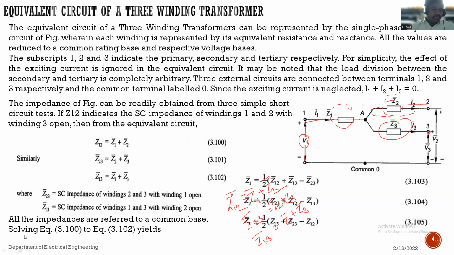Okay, see, solving the above equations 1 and 2, that means 3.101 and 3.102, we got, if we solve these equations, the value of Z1 is nothing but 1/2 of Z12 plus Z13 minus Z23.